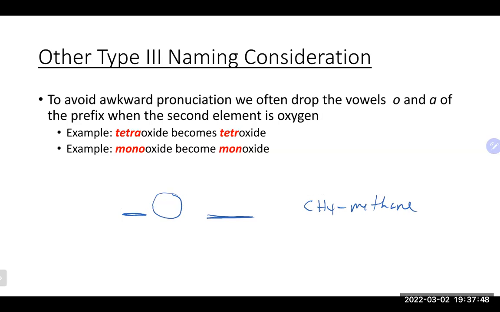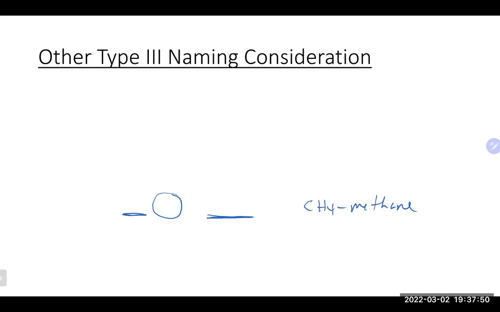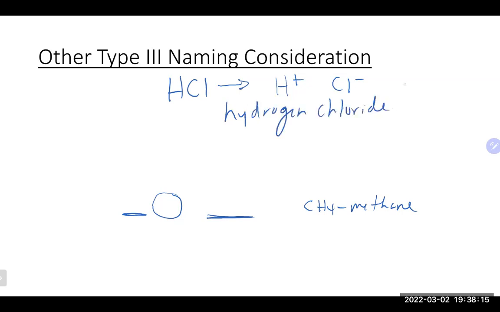So when we have something like HCl, even though technically speaking they are sharing electrons, and it is a covalent compound, we almost envision this as two ions together, H plus and Cl minus. So we actually will name this very much like we would do type 1, and we would call this hydrogen chloride. So hydrogen is kind of a weird one.